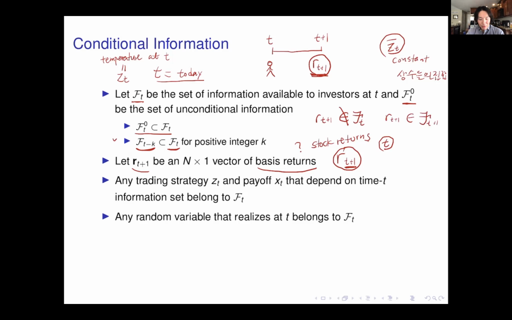Any trading strategy Z_t and payoff X_t that depend on time t information set belong to F_t. Because when you form a trading strategy, it should be known at time t. 무슨 말이냐면 어떤 트레이딩 스트래티지를 짤 때는 미래를 보고 할 수 없잖아요. 따라서 타임 t까지 알려져 있는 인포메이션들만 가지고 트레이딩 스트래티지를 만들어야 되는 거예요.